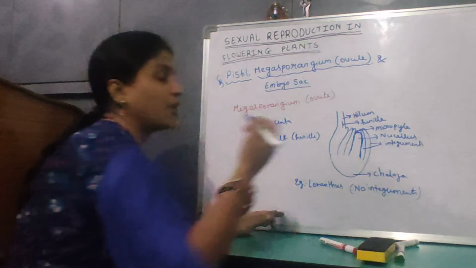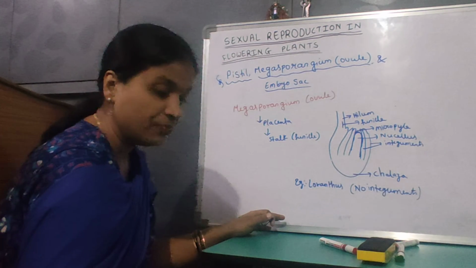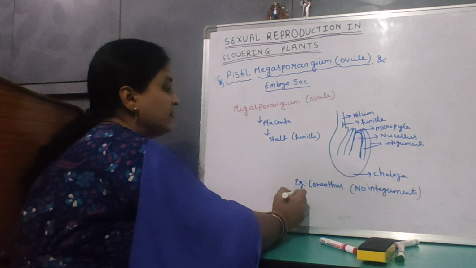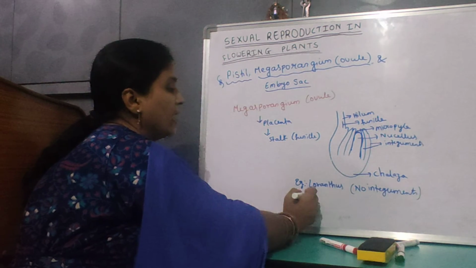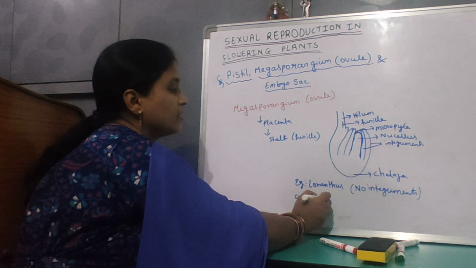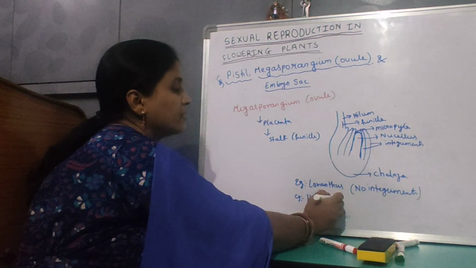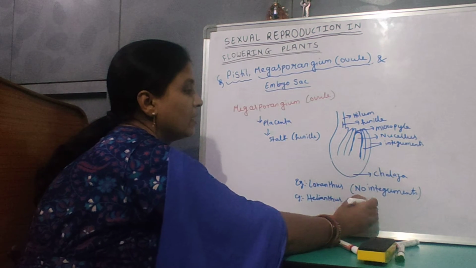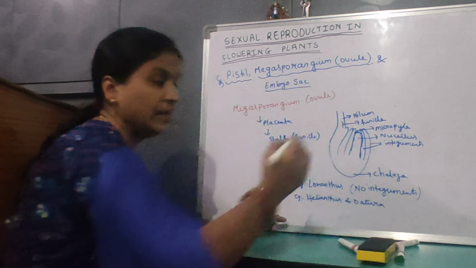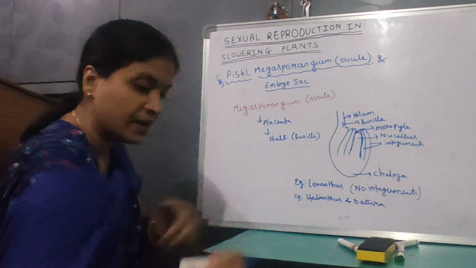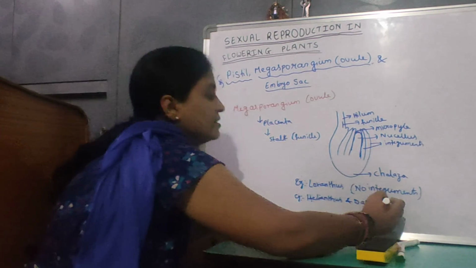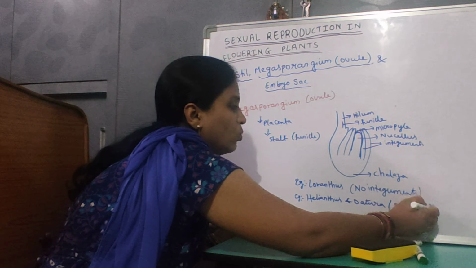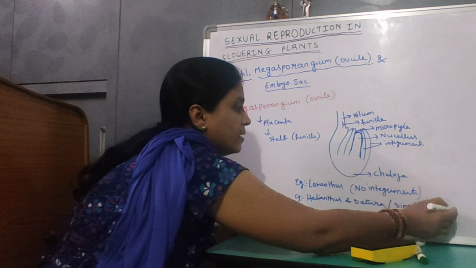Then in Helianthus, that is sunflower species, and Datura, the ovules are covered by a single integument. Only one integument is present.